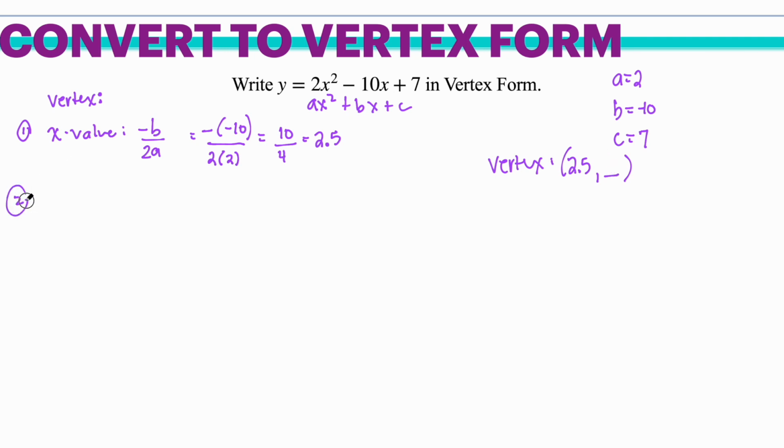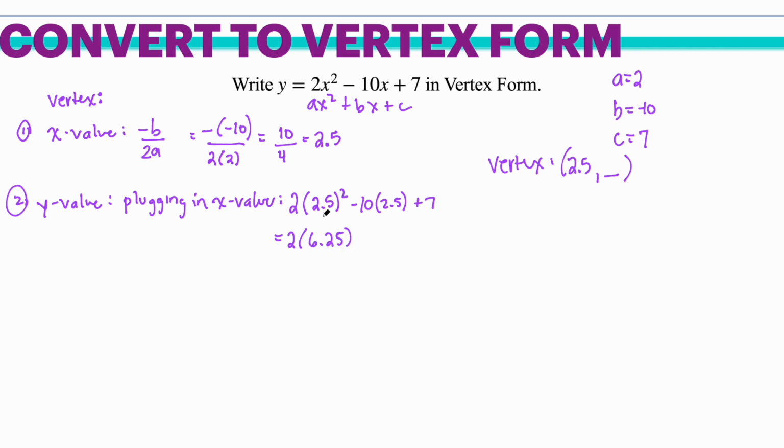And so that's the next thing we do, we now need to find the y value. And we find it by plugging in the x value. So I have 2 times 2.5 squared minus 10 times 2.5 plus 7. So I'll have 2 times 6.25, since 2.5 squared is 6.25, minus 10 times 2.5, which is 25, plus 7.